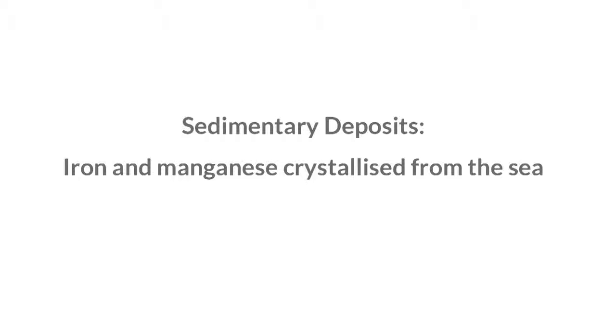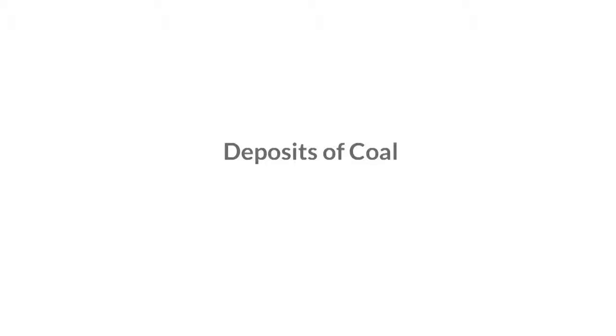Sedimentary iron and manganese deposits from times in the distant geological past, when oxides of iron and manganese crystallized from sea water and were preserved as geological layers. Finally, we have deposits of coal, when they occur near the surface. All these deposits are generally mined at the surface.